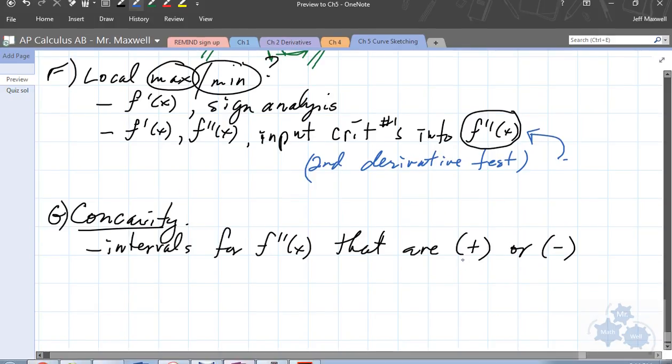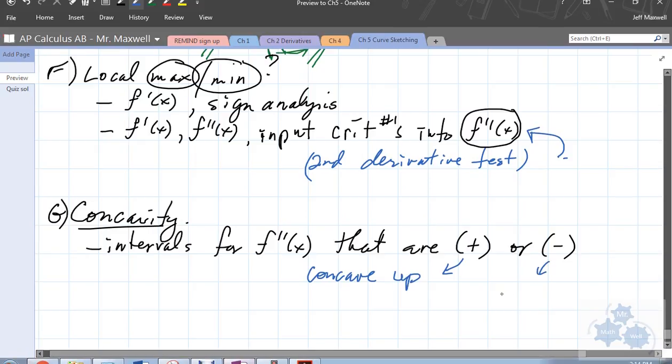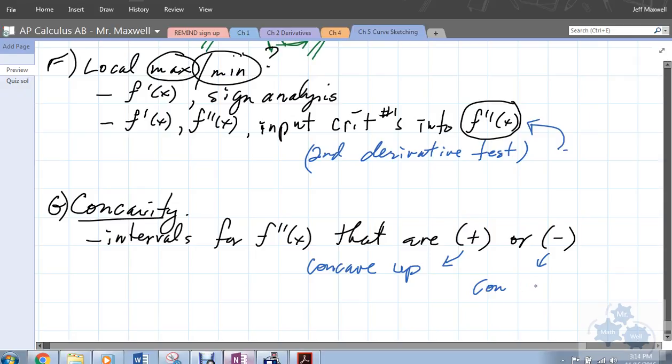The intervals that are positive, what does that tell us about concavity? It's concave what? Anyone? Up. And negative? Yes, concave down.